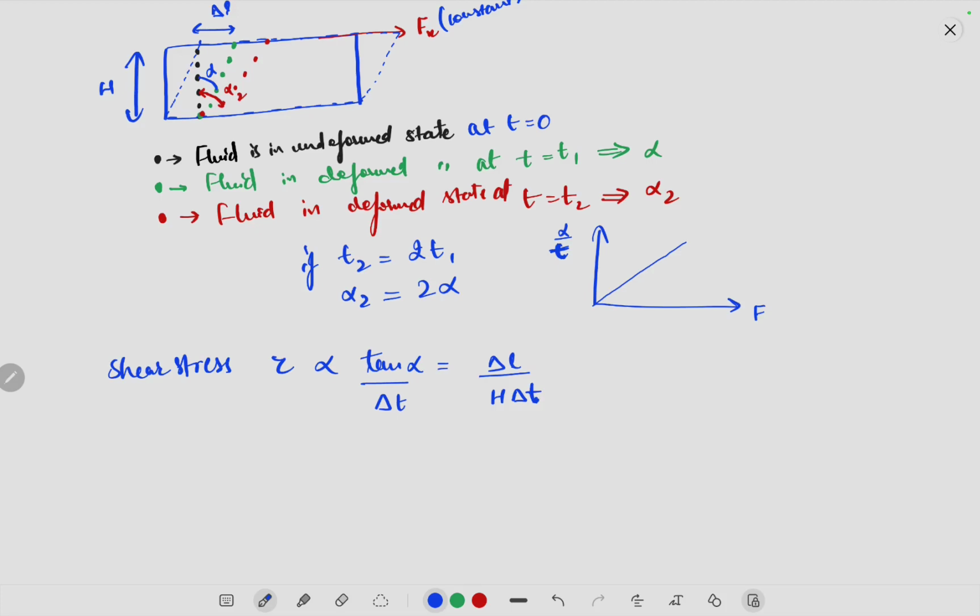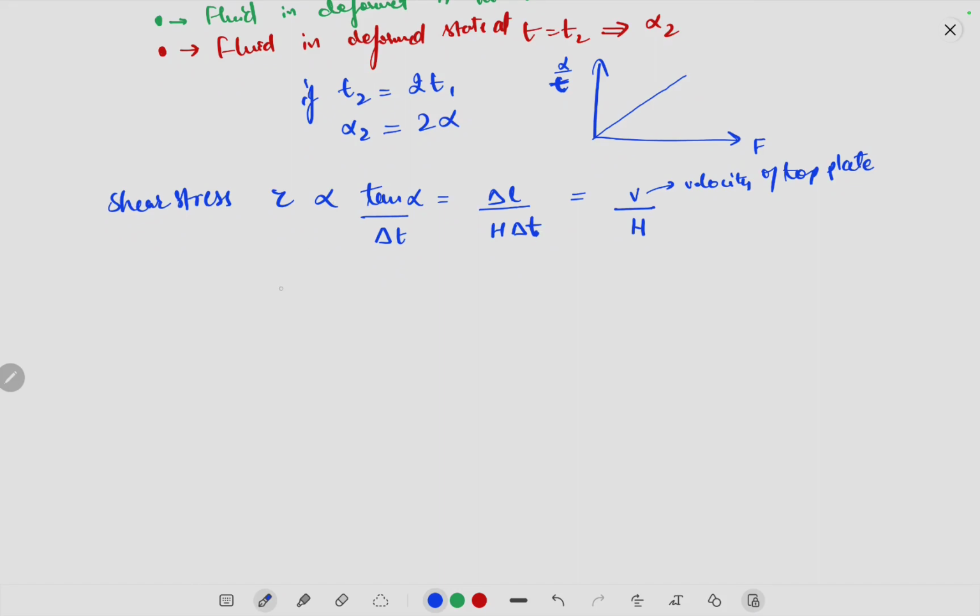Now what would be delta L by delta T? It would be nothing but the velocity of this top plate, right? So we can write this as the velocity of the top plate divided by this height h. So this v is the velocity of top plate.